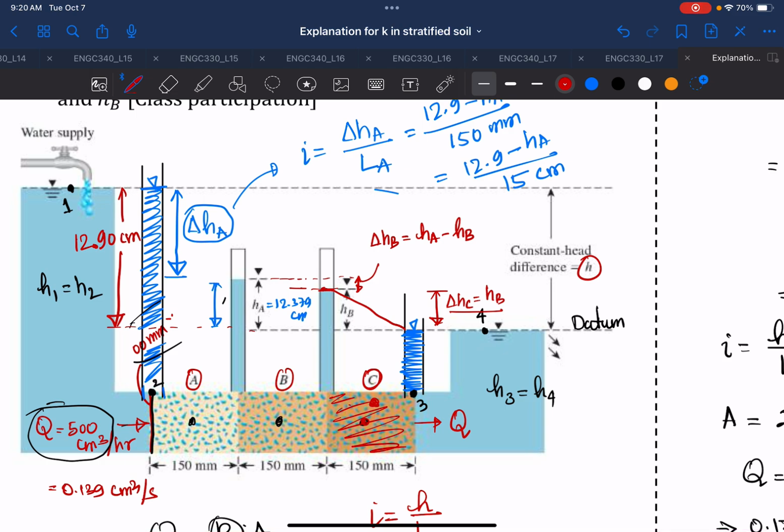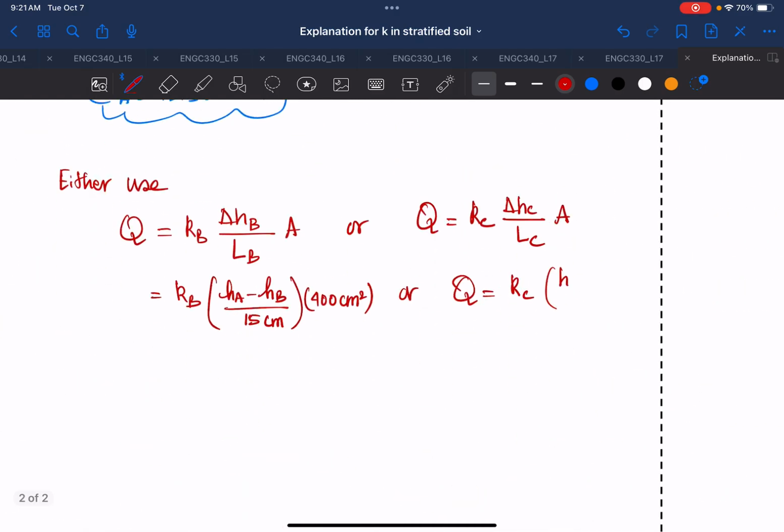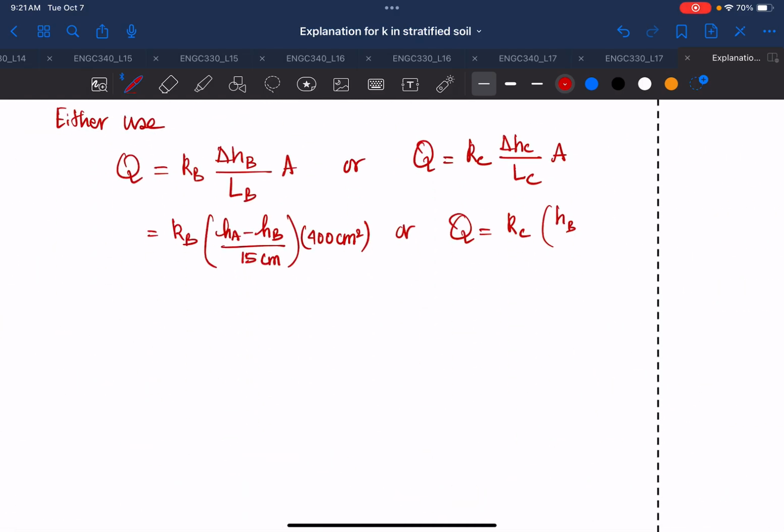Since this point is the datum, your head energy at this level will be equal to 0. So your head loss will be HB minus 0, which is HB itself. So here it will be HB divided by 15 centimeter, multiplied with 400 centimeter square. You can see that both of them will give you the same value.